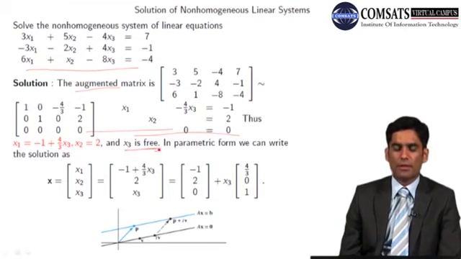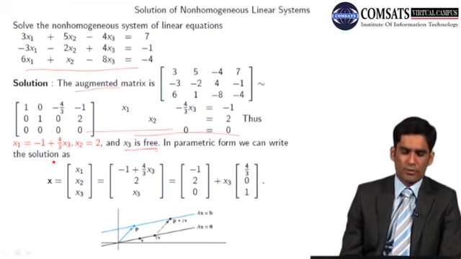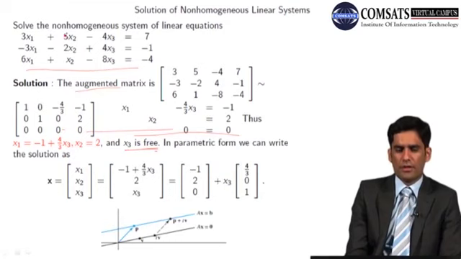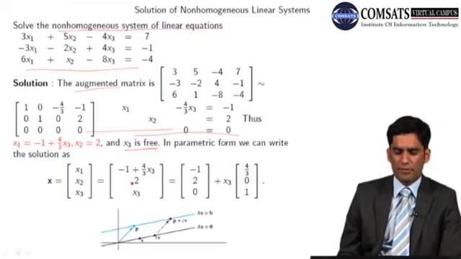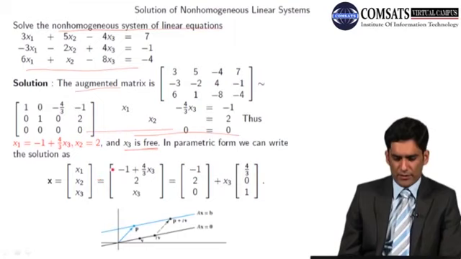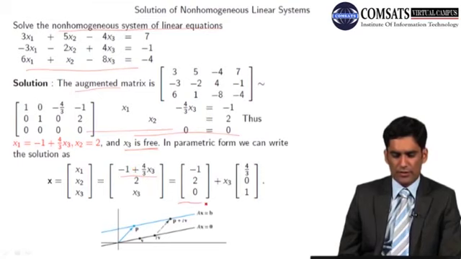So we can write down the solution of this non-homogeneous system into parametric vector form. x1, x2, x3 can be written as this one: minus 1, 2, 0, that is a constant vector, and I am writing a vector in terms of the free variable.